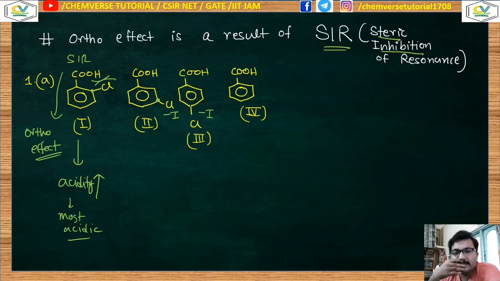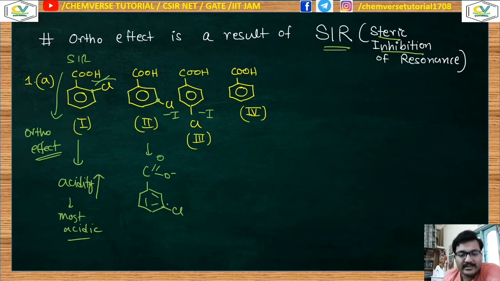That means, if you draw the conjugate base over here, chlorine is present in this position and it is withdrawing electron density. So it has an electron withdrawing minus I effect, and it is present in the meta position.